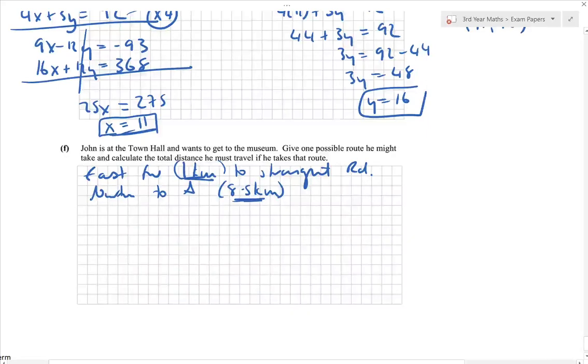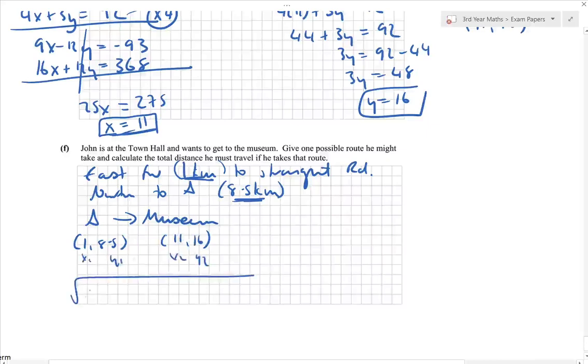And then from A to the museum, that straight stretch, and we know that's from 1 and 8.5 to 11 and 16. So x1, y1, x2, y2, sub in: square root of x2 minus x1 squared plus y2 minus y1 squared.